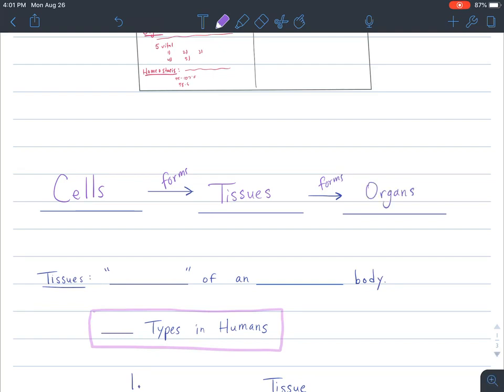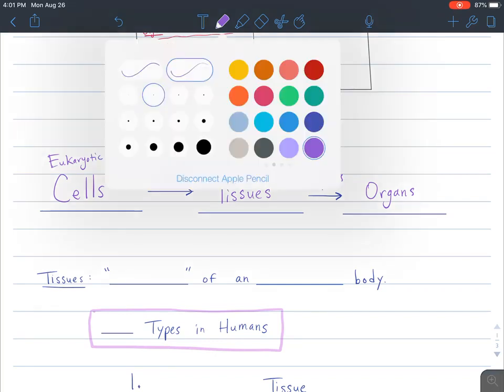Now, since we're talking about a multicellular organism, these aren't just any types of cells that form tissues, but these are going to be eukaryotic cells. And that's important because these cells have a whole plethora of organelles, lots and lots of different types of organelles that allow them to function.